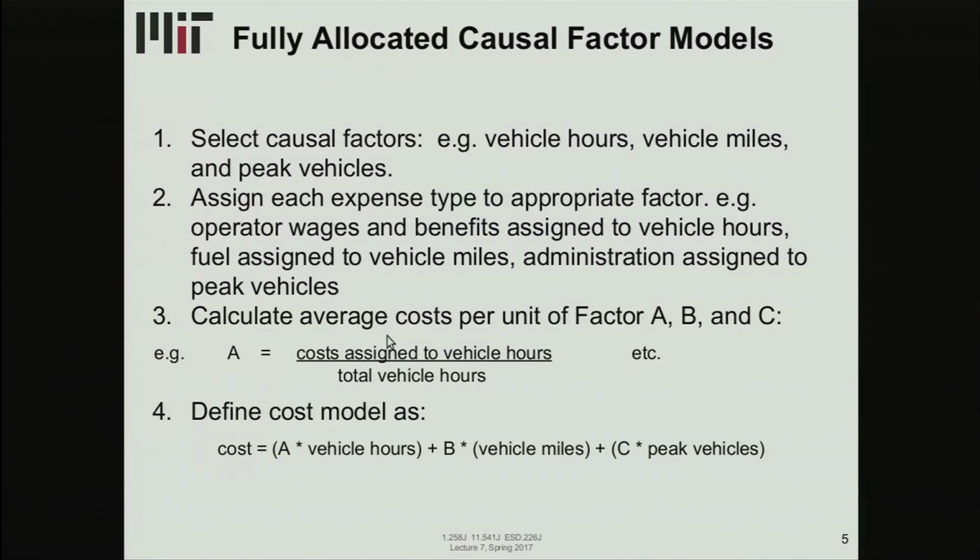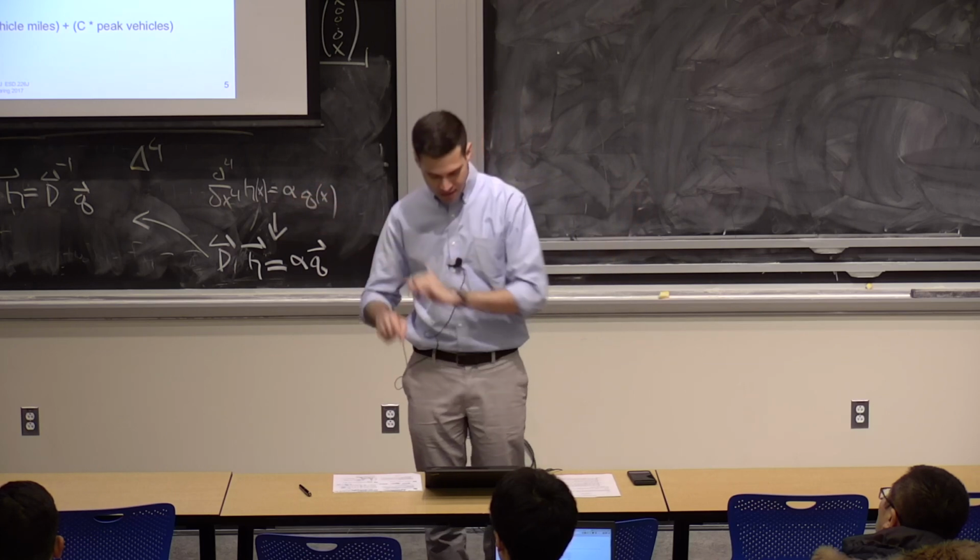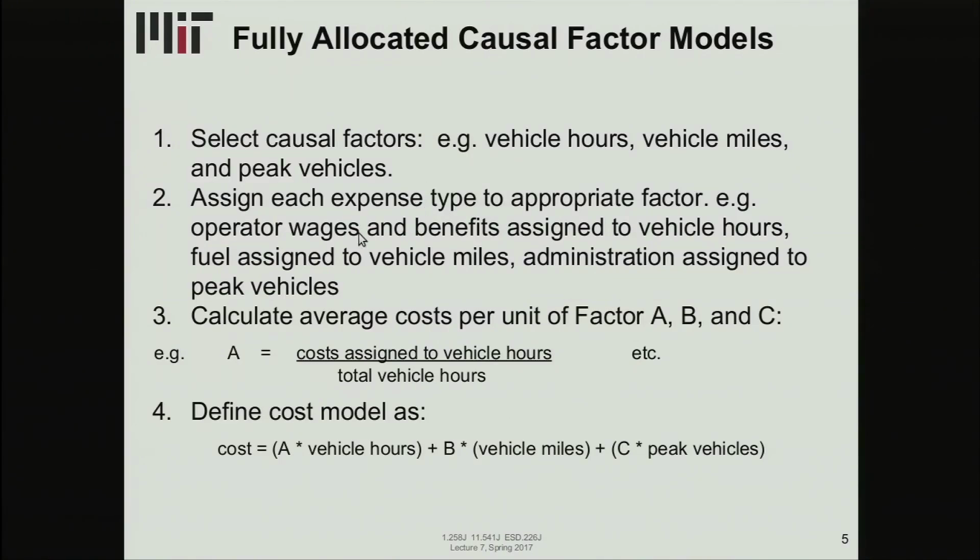Then you assign each expense type to each of the factors. So for example, operator wages and benefits. Where would that go? If you were thinking of three kinds of explanatory variables, vehicle hours being one, vehicle miles being the second, and peak vehicles being the third, and you're going to assign every cost you incur to one of those three, then operator wages and benefits are more appropriately assigned to vehicle hours, right?